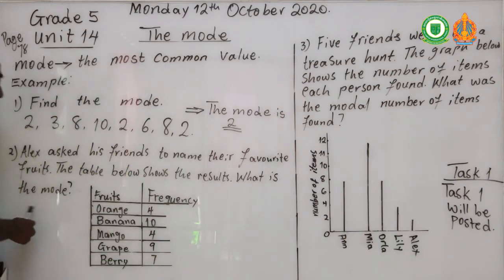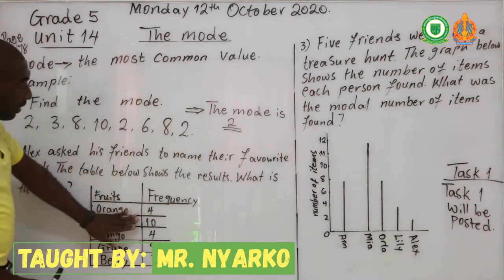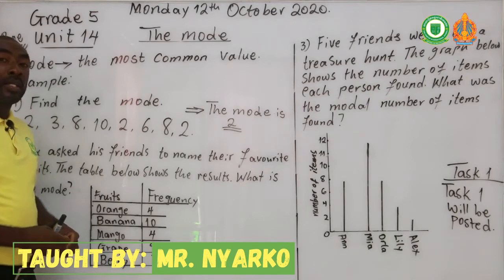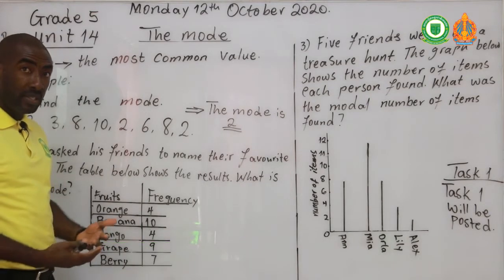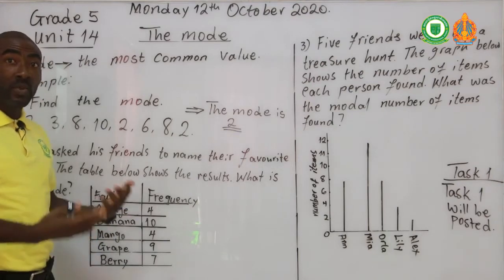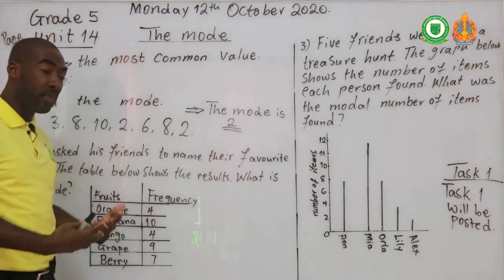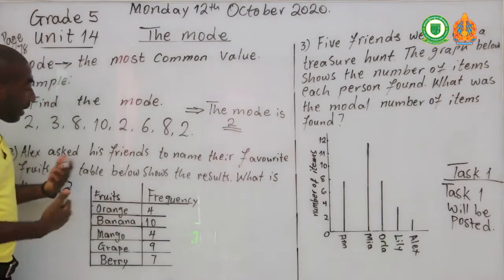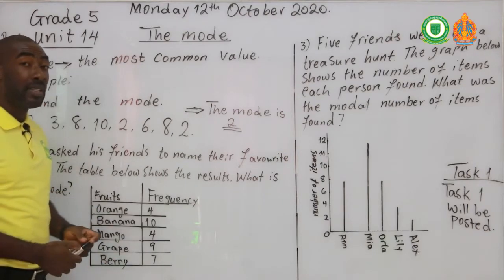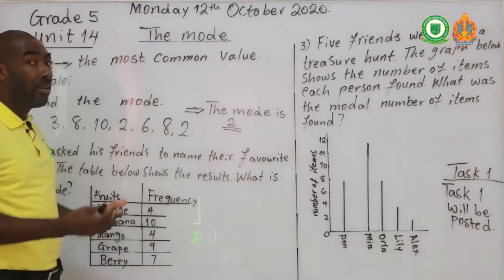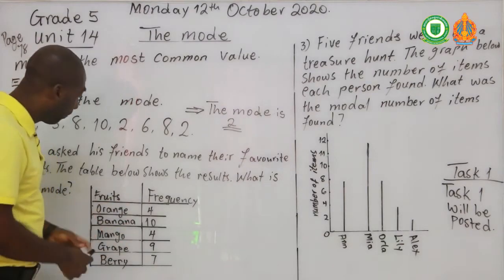What is the mode? This table is about a survey that Alex did with his friends. A survey means you ask questions and you get responses. So he asked his friends, and these are the fruits that his friends named as their favorite fruits.